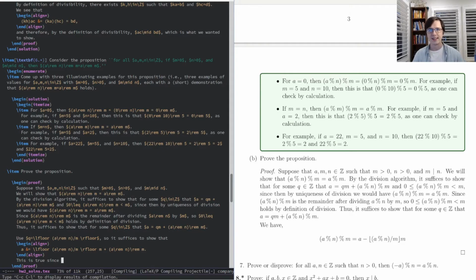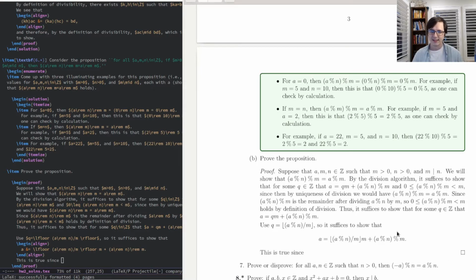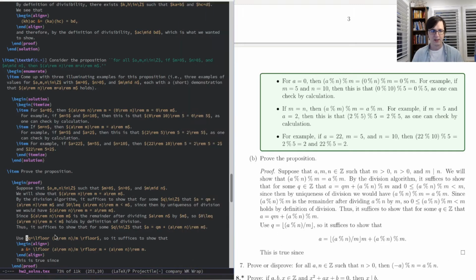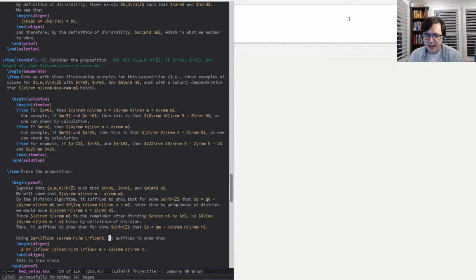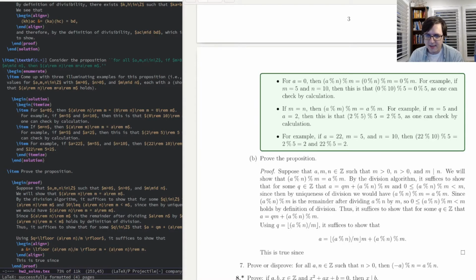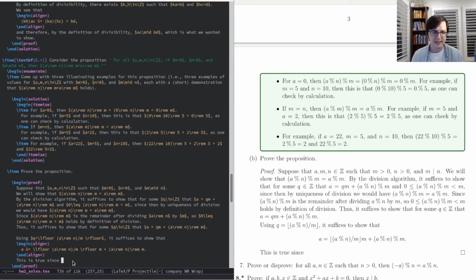Let's just collect our thoughts. So using q being that, it suffices to show this, and it's true since, well, this is how those two notations are defined.